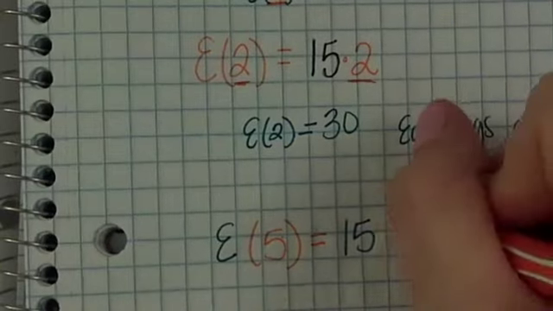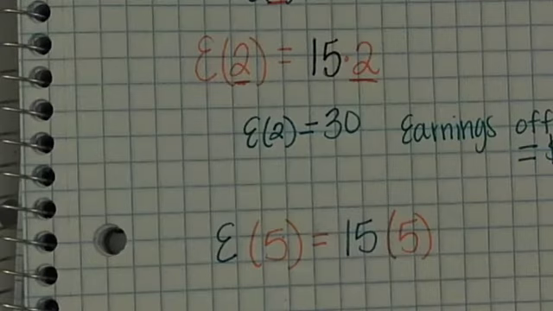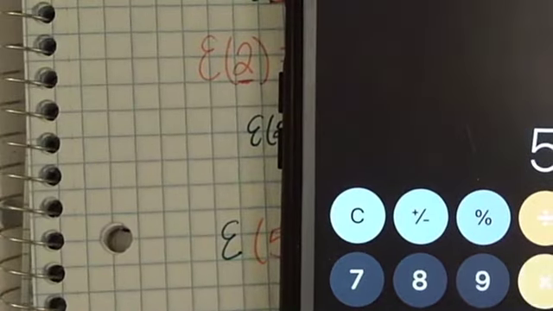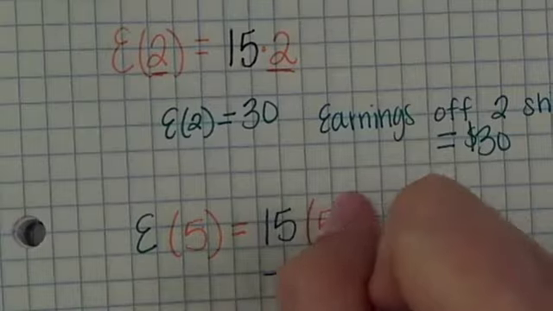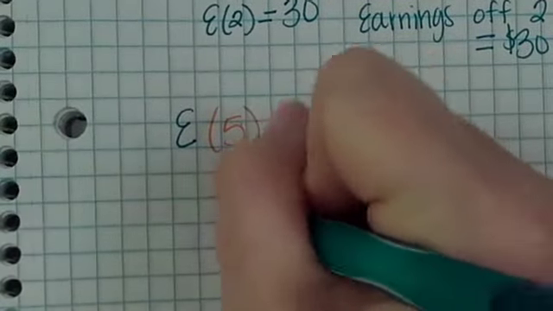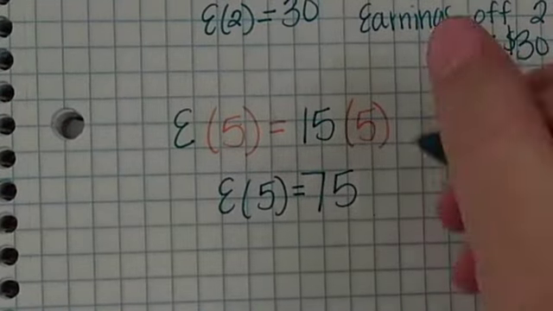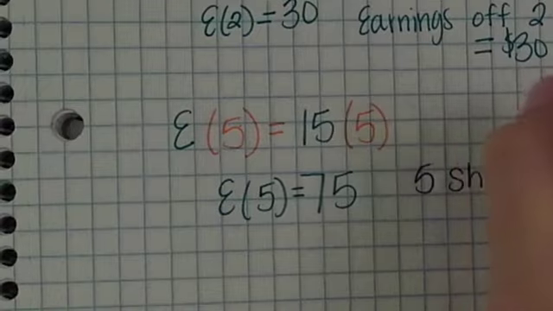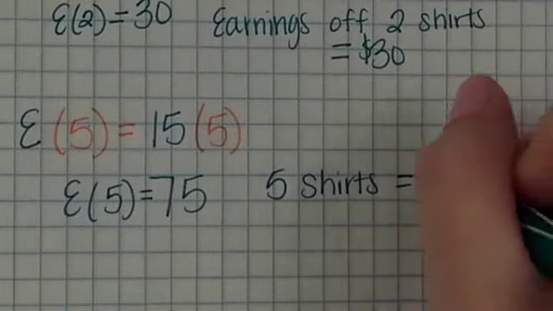So you're going to do 15 times 5 in this case. $15 times 5 is 75. So the earnings of 5 shirts equals $75. So 5 shirts equals $75.